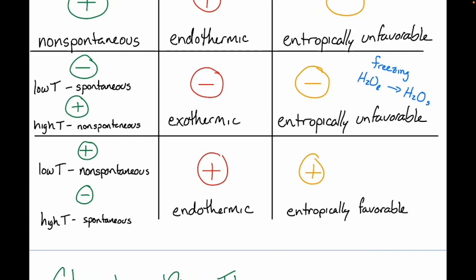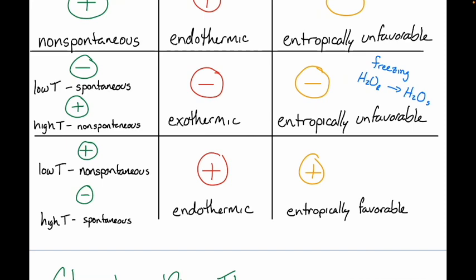This is a process that would create more order, but is exothermic. There's going to be a release of heat in order for these liquid water molecules to form solid water molecules. And this is a reaction that we know occurs spontaneously at low temperatures, right? Inside your freezer, water will spontaneously freeze, but it does not occur spontaneously at high temperatures.